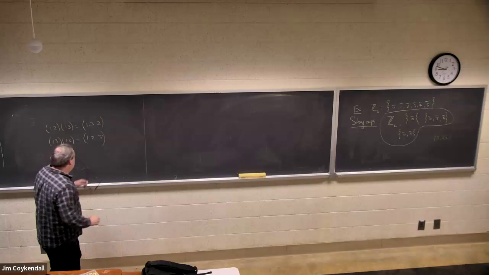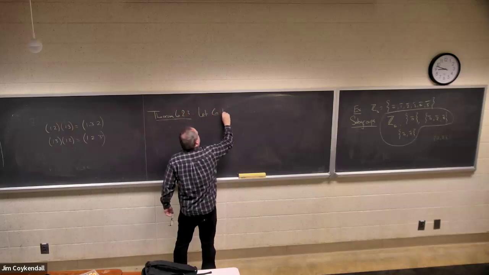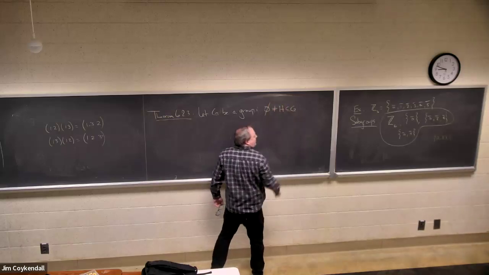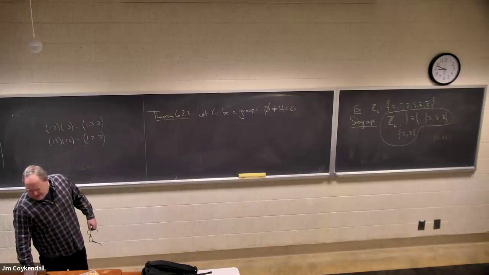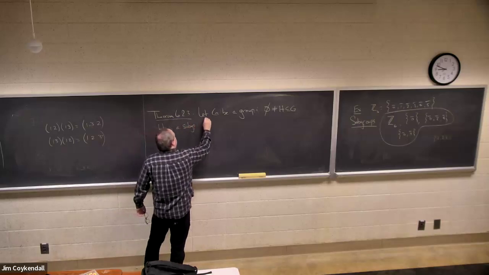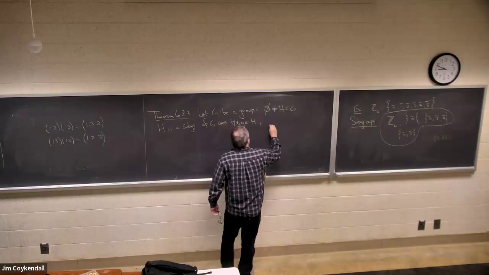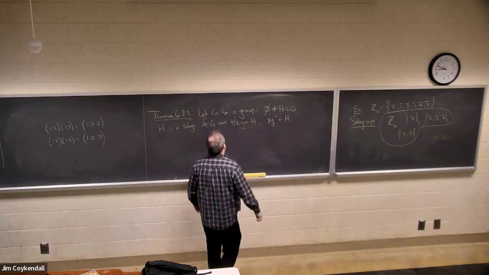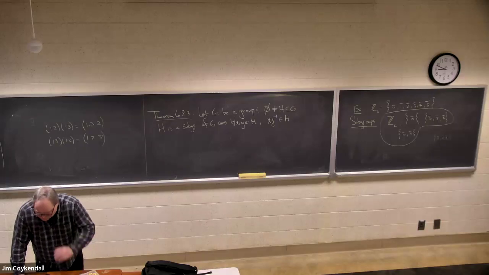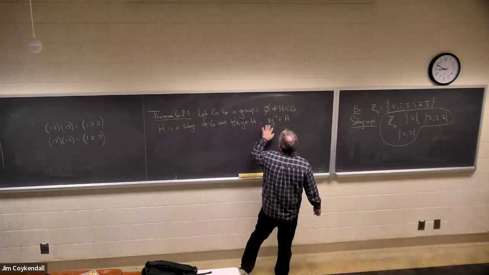Let G be a group and H a non-empty subset of G. H is a subgroup if and only if... This is actually a cool way to tell if a random subset is a subgroup, assuming the subset is non-empty. It's a subgroup of G if and only if this happens.